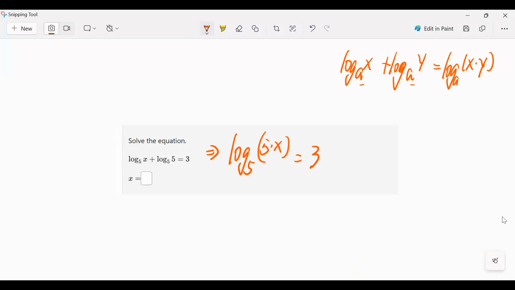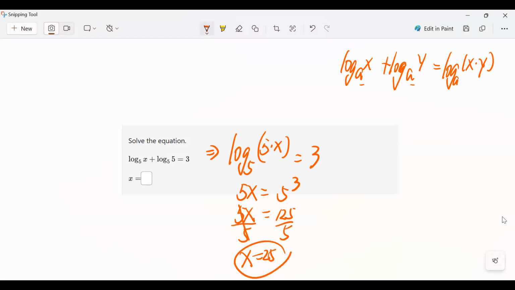That is equal to 3, right? Now we're going back to the exponent: 5 to the third equals 5x, so 5x equals 5 to the third. Then 5 to the third is 125. Now divide by 5 on both sides of the equation, x equals 25.